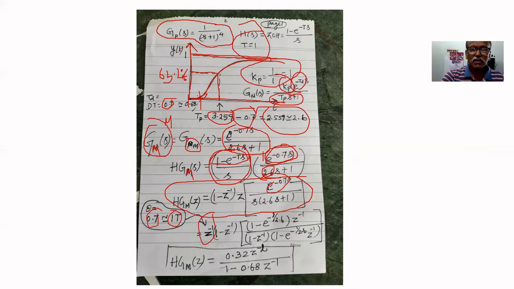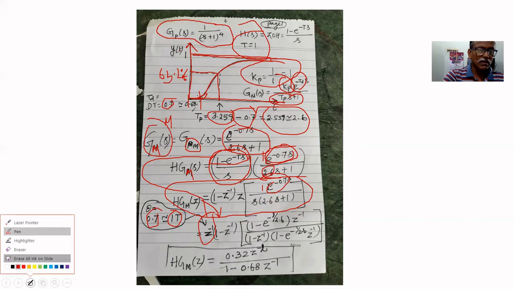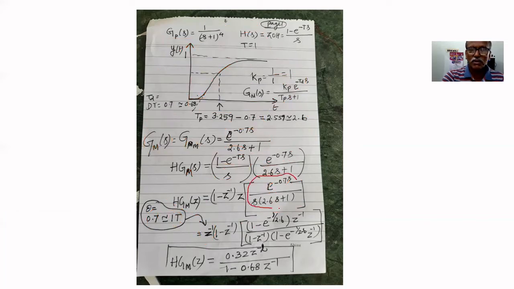The first part becomes 1 minus z power minus 1. The remaining term, 1 by s multiplied by (2.6 s plus 1), can be written like this.